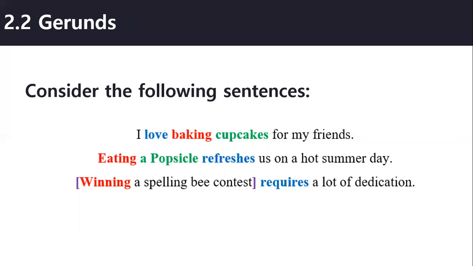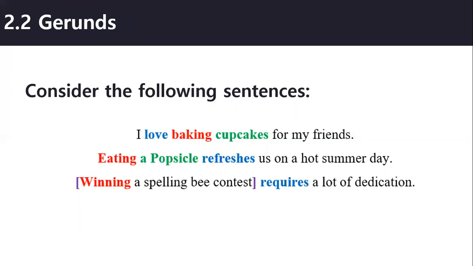It also takes an object, "cupcakes," like a verb. Similarly, in the second sentence, "eating" is the subject of "refreshes," like a noun. It also takes an object, "a popsicle," like a verb. In addition, in the last sentence, notice that "winning" needs the verb "requires" in order to be completed and for the sentence to make sense.